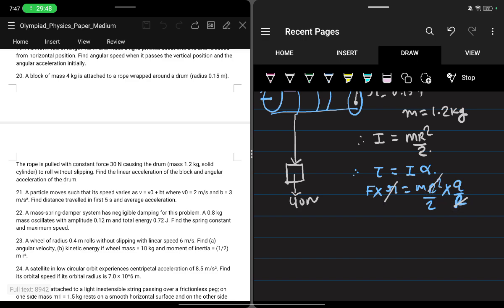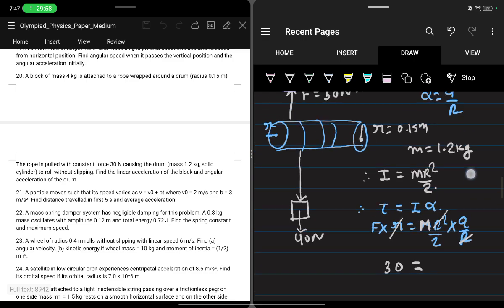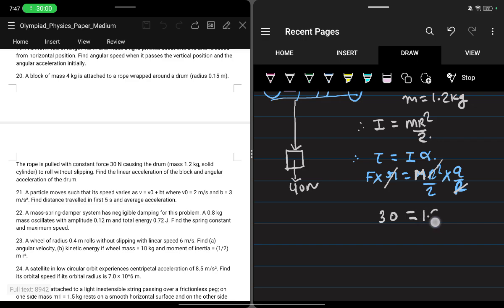Force is given, that is 30 Newton. Here mass of the cylinder is how much? 1.2 kg multiplied by the acceleration. So which is how much? This is 0.6. So acceleration is 30 divided by 0.6.